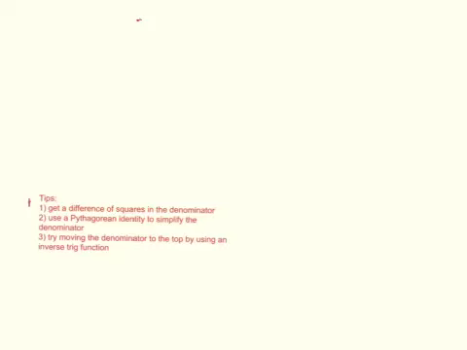So in our denominator, we're going to multiply it by 1 minus sine x. And then remember, because we don't want to change the value, we just want to change how this looks, we have to multiply the numerator also by 1 minus sine x. So now we have 1 minus sine x in the numerator and 1 minus sine x in the denominator.